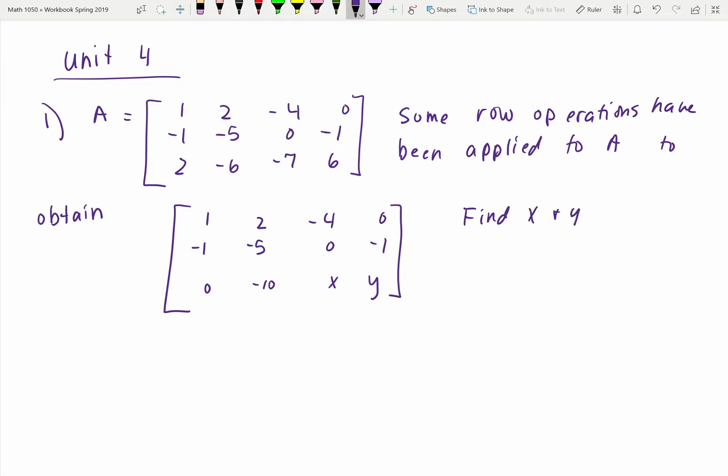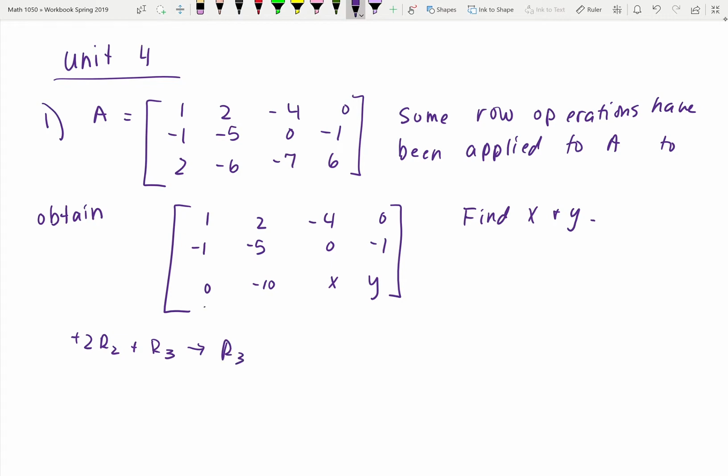Find x and y. Okay, so you have to try to get in this person's head and figure out what they're doing. So, they tried to get this to be a 0. Well, they did turn that into a 0. So, one thing they could have done is positive 2 times row 2 plus row 3 becomes my new row 3.